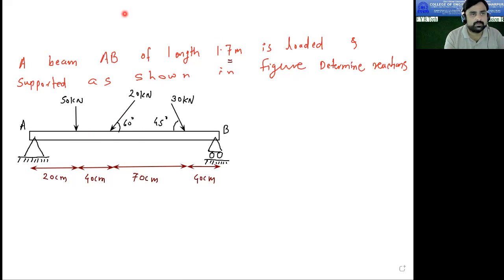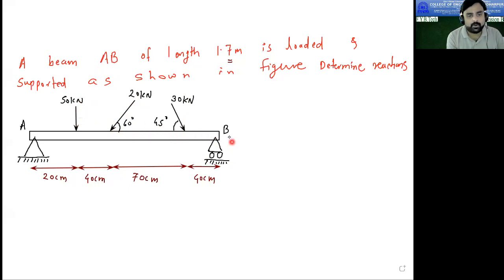You can see this is the vertical load, and this is the inclined load. If you resolve this, you will get two components, one in the y direction and another in the x direction. Here also you will get two components.